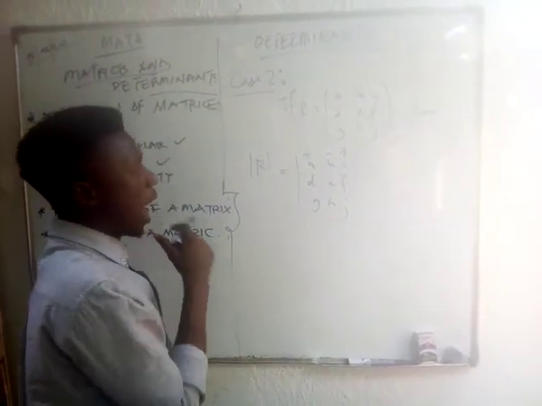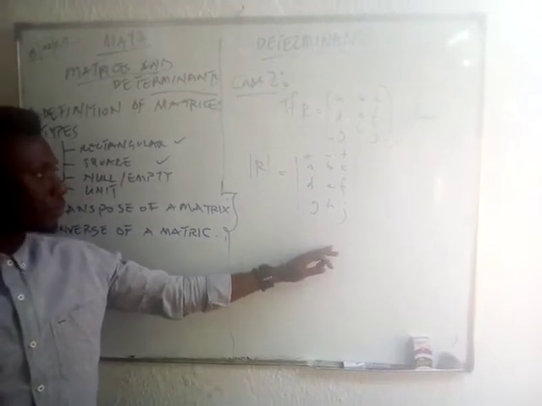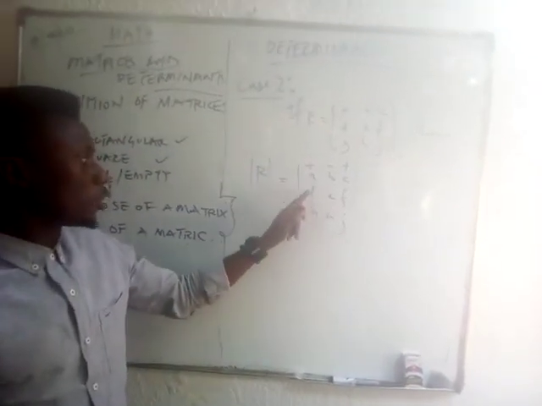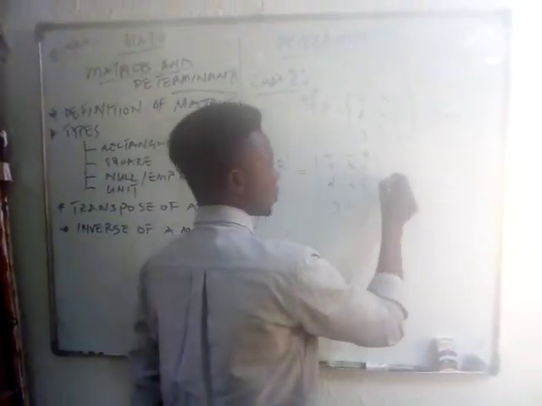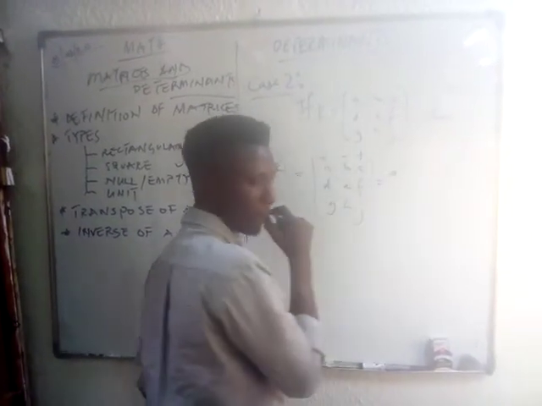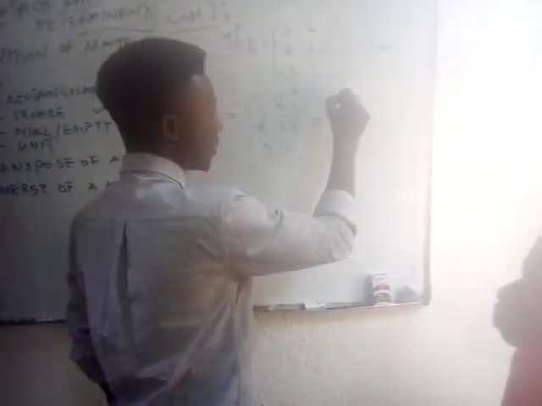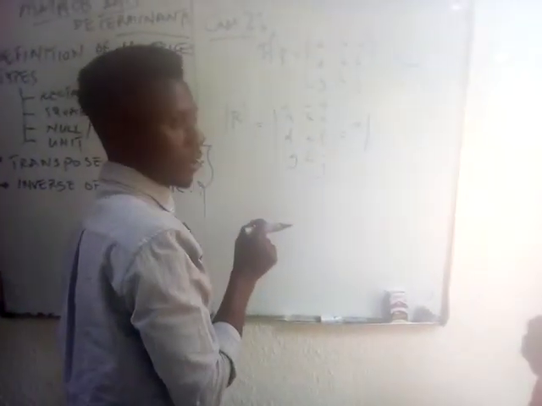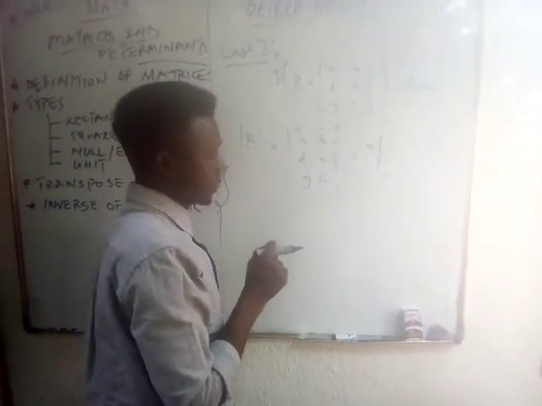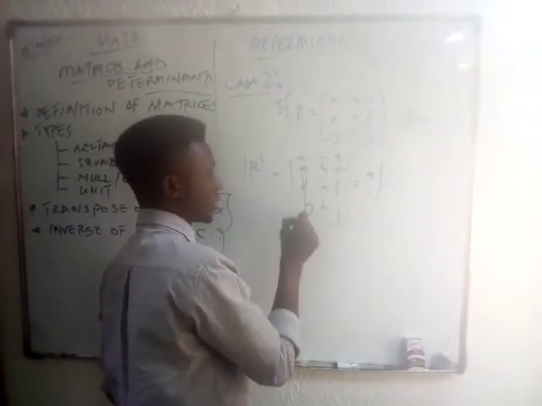Now, how will you solve this? I will explain. You are going to pick A and you write it out, A times the determinant of the cofactors of A. What are the cofactors of A? Look at this axis.